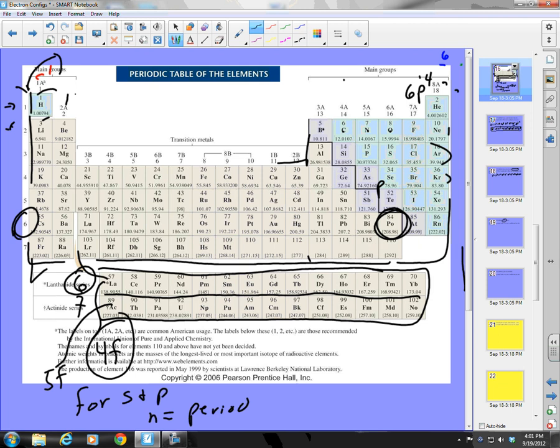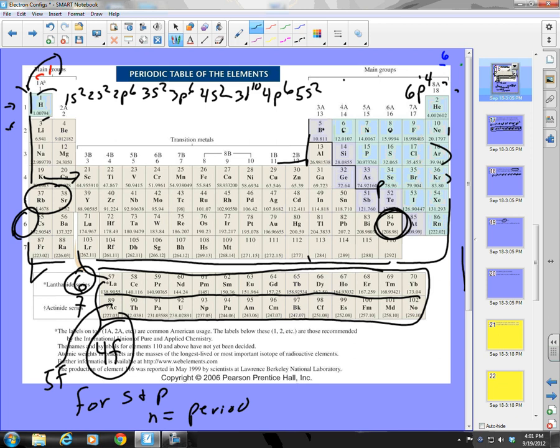Let's start way over here. Here we go. 1s2, 2s2, 2p6, 3s2, 3p6, 4s2, and then what comes? 3d10. Then after 3d10, 4p6, 5s2.